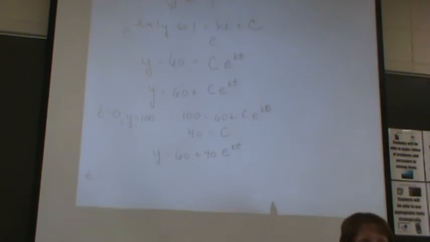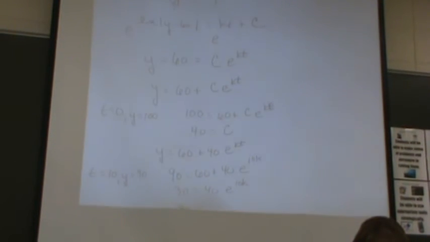Okay so far? What else do we know? Have any other temperatures and times? That's right, after 10 minutes it cooled down to 90.